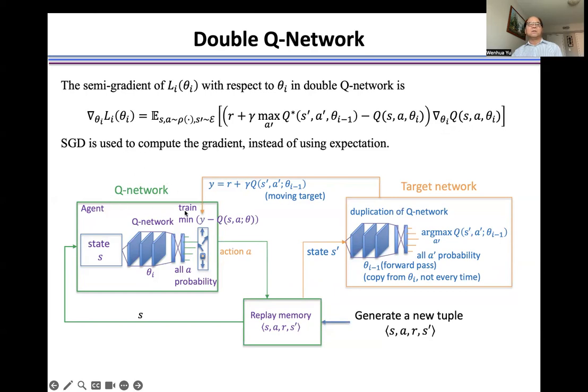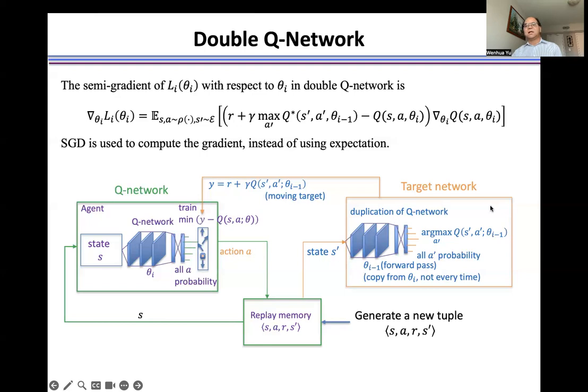Here are the two networks. One is a Q network, another is the target network. Q network uses the raw images as an input to find the Q value over all the possible actions A. And then now we know which one is an optimal policy.